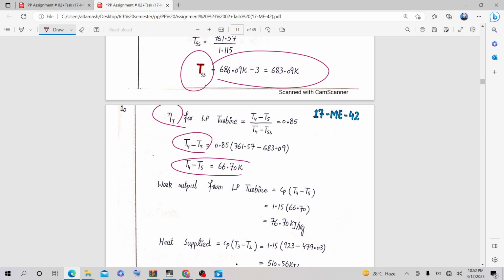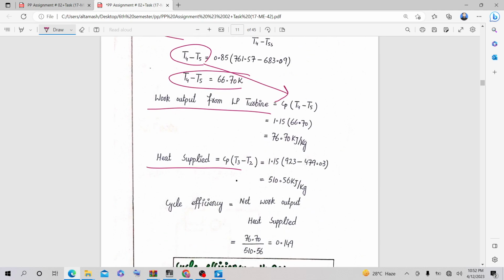I will use this T4 minus T5 value to get the work output from the low pressure turbine, and the heat supply is actually process 3 to 2, that is the combustion process. Just like the previous video, we will also find the heat supplied by the combustion process, and the work output from the low pressure turbine, that is 6.70 kilojoule per kg.